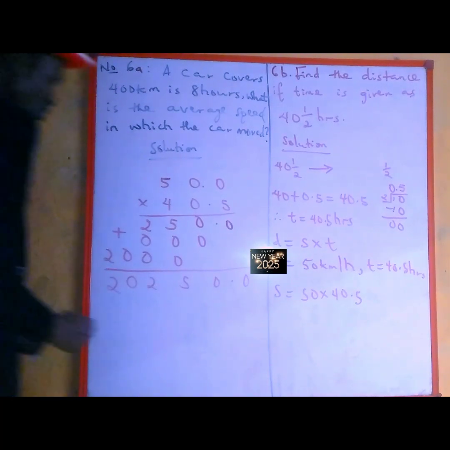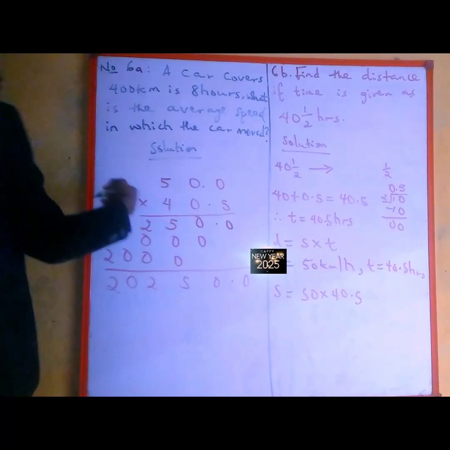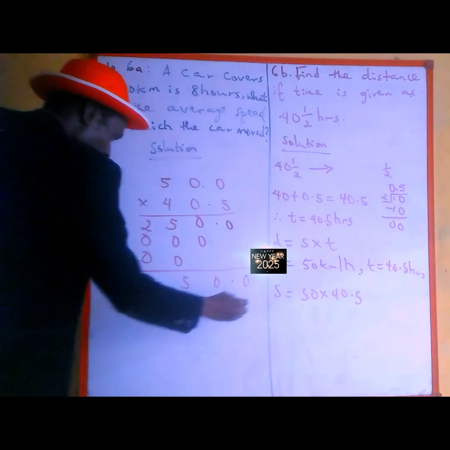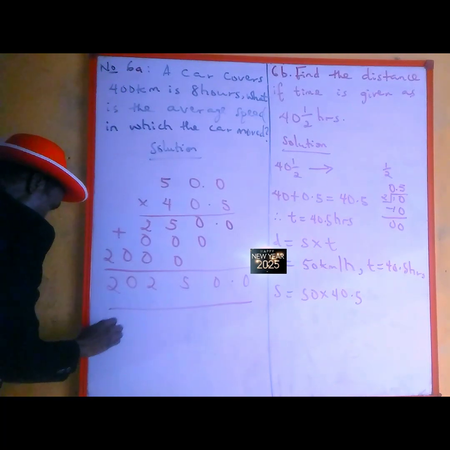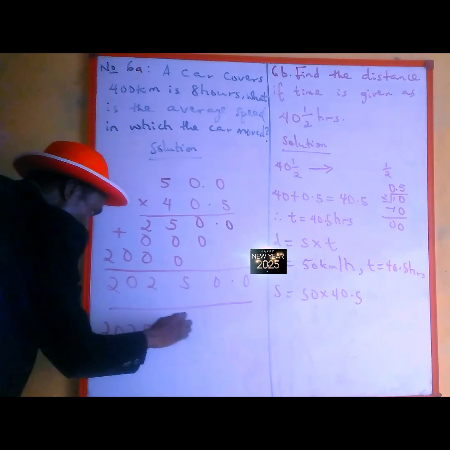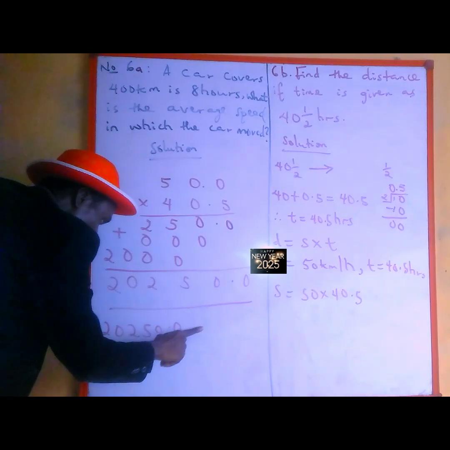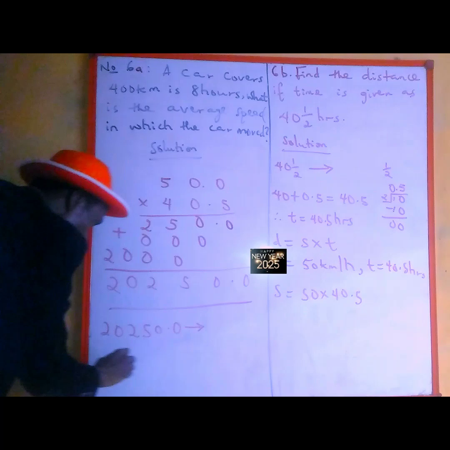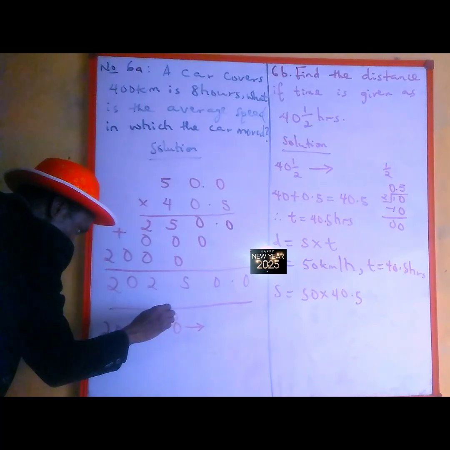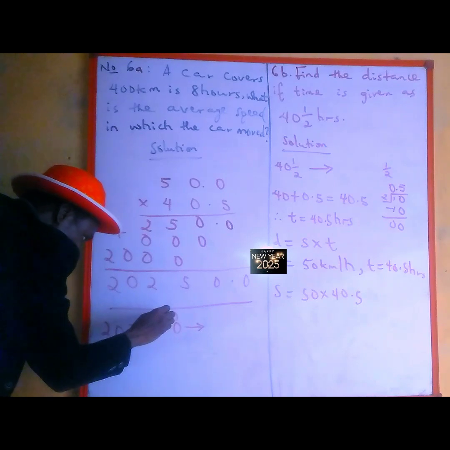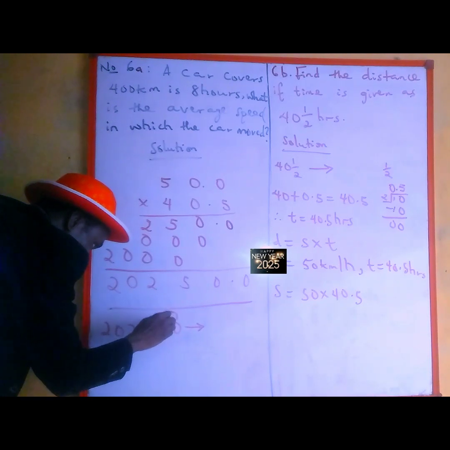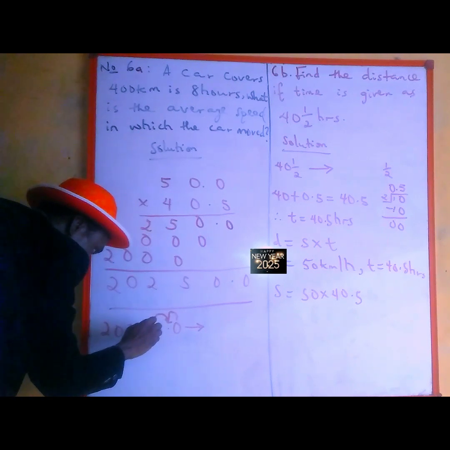Alright, remember I told you the numbers given to me were in one decimal place. So I'm going to move a step backward. That will then give me 2025. There will be a movement from here to this place and to this place.